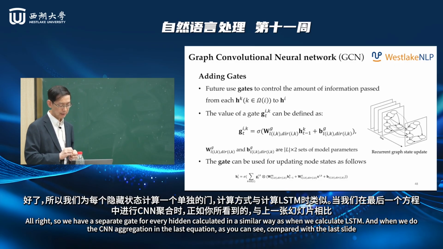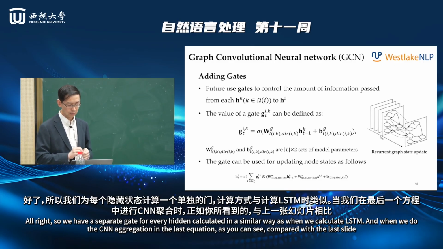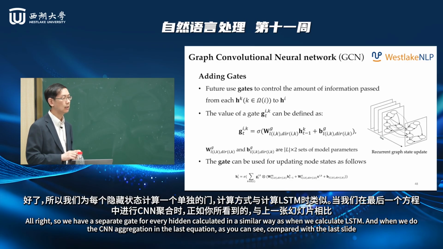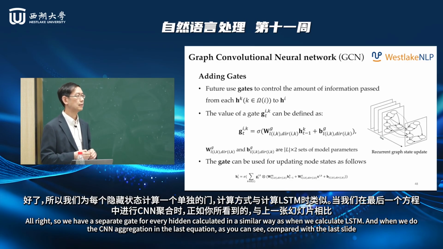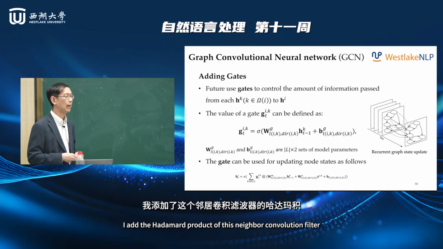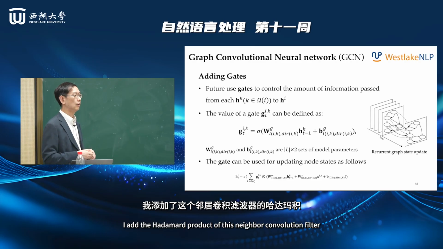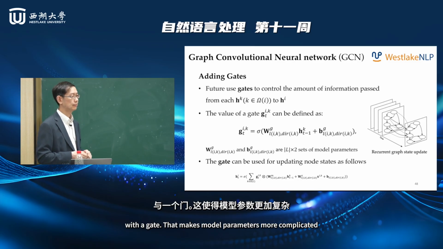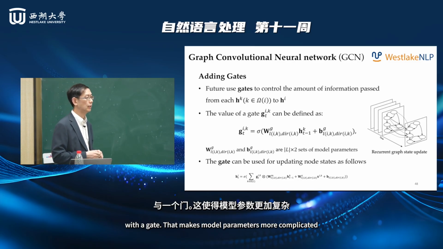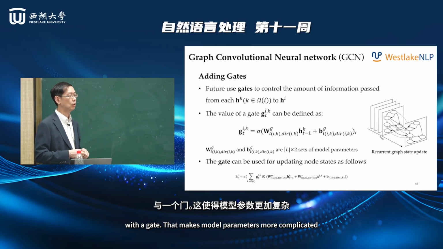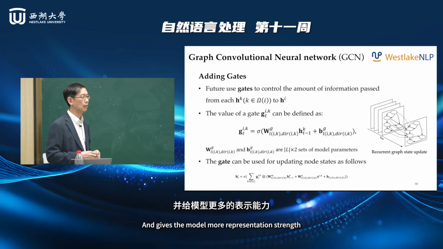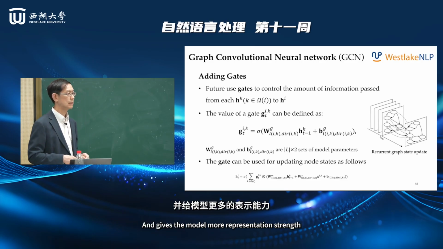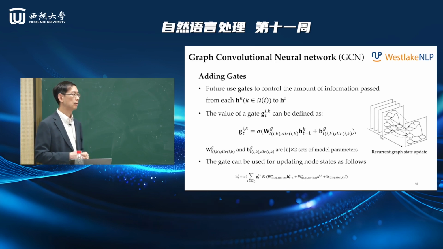And when we do the CNN aggregation in the last equation, as you can see, compared with the last slide, I add a Hadamard product of this neighbor convolution filter with the gate. That makes the model parameters more complicated and gives the model more representation strength.